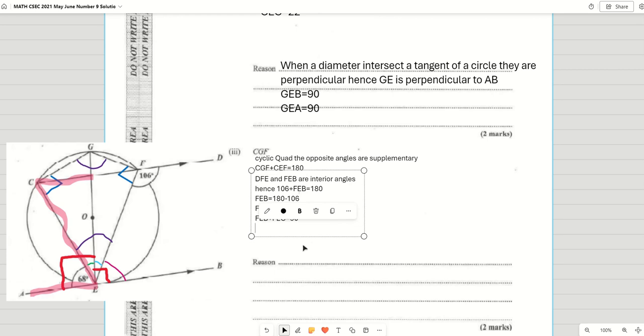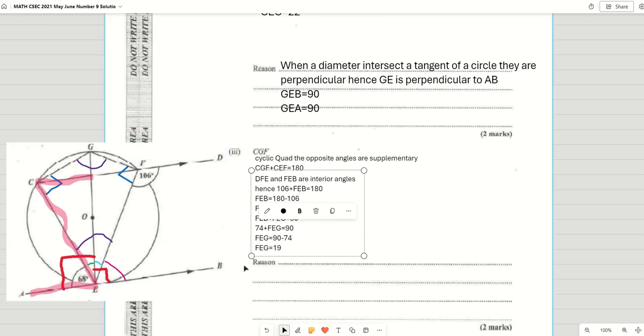Alright, so therefore we know that 74 plus FEG is equal to 90. So FEG is equal to 90 minus 74. So therefore FEG would be equal to 16.